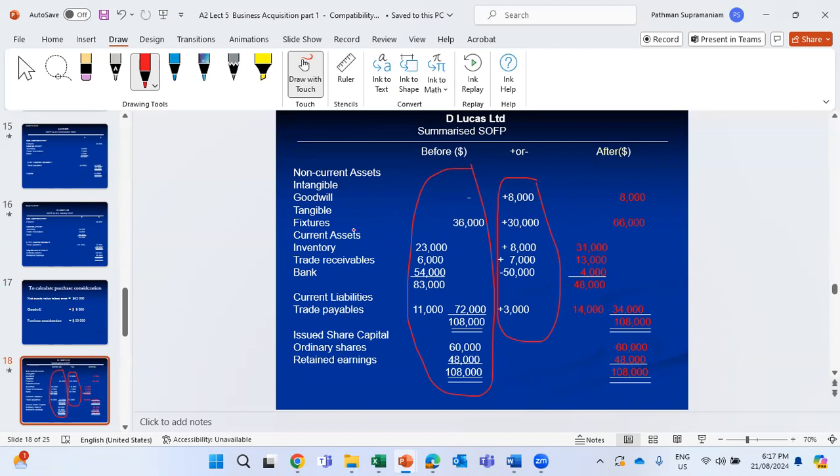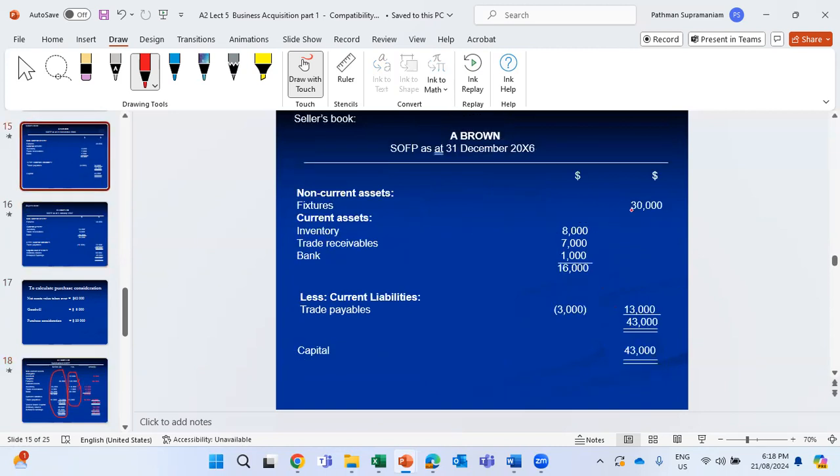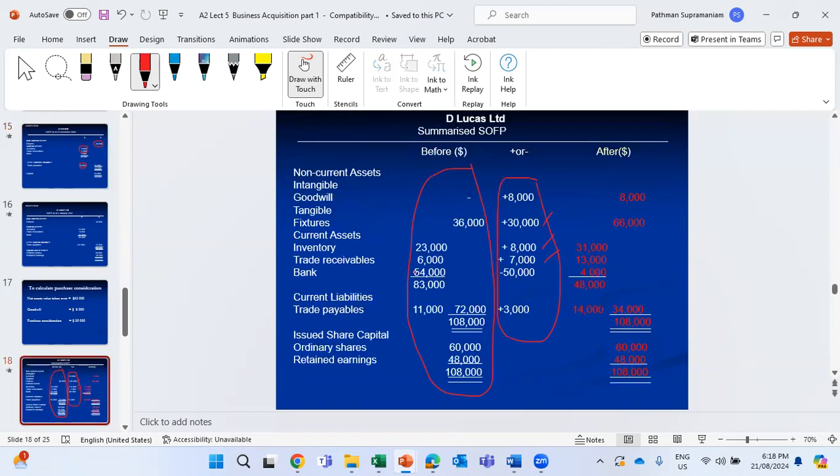The buyer is taking over the seller's fixtures at 30,000. These values, 30,000, 8,000 for inventory, 7,000 for trade receivable, all come from the seller's SOFP. And then the trade payable. These are the values which we will add on to the buyer's original SOFP.